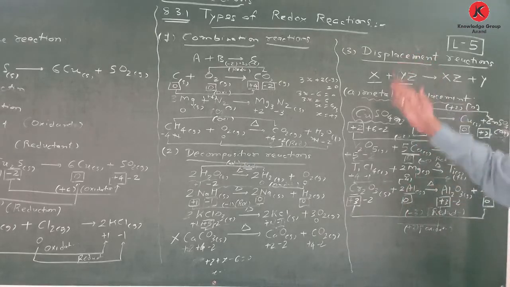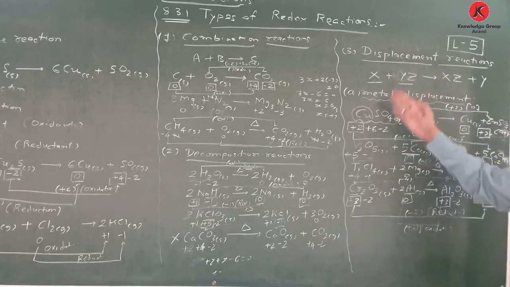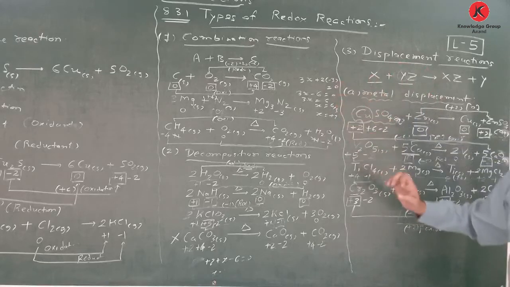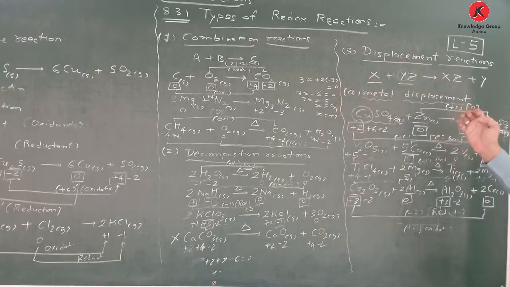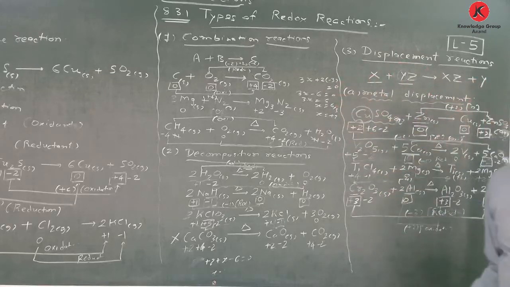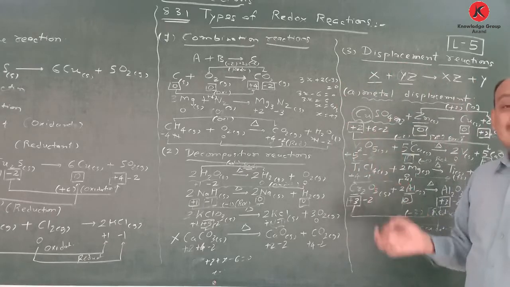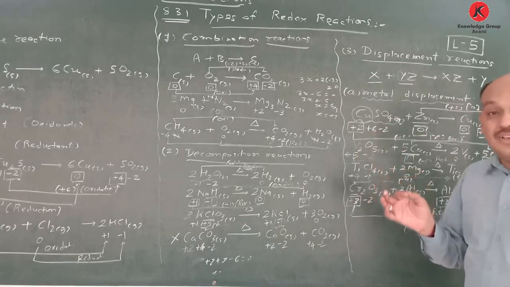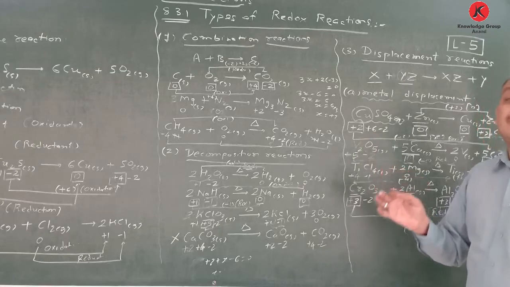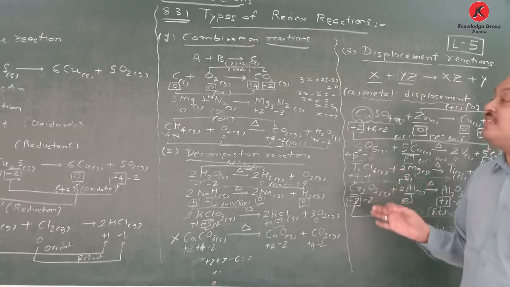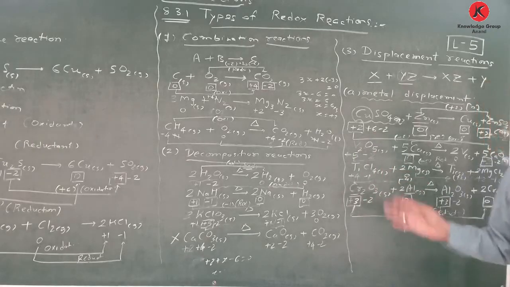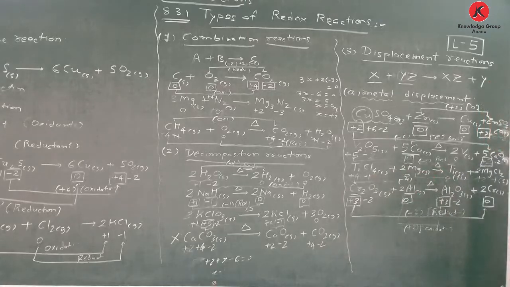Continue this topic and practice, and from the combination reaction, decomposition reaction and displacement reaction, find out which one is an oxidizing agent, which one is a reducing agent, which undergoes oxidation reaction and which undergoes reduction reaction. We continue this.